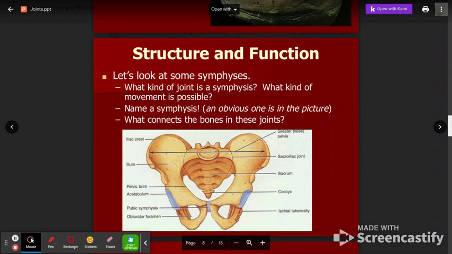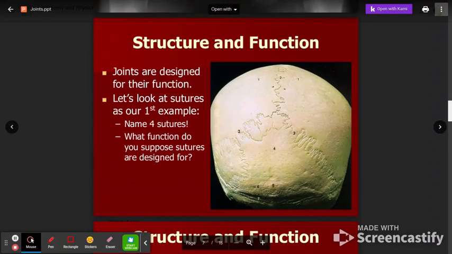Say those again, slower. Metopic. Coronal. And sagittal. Okay, and we said that they're designed to allow growth.